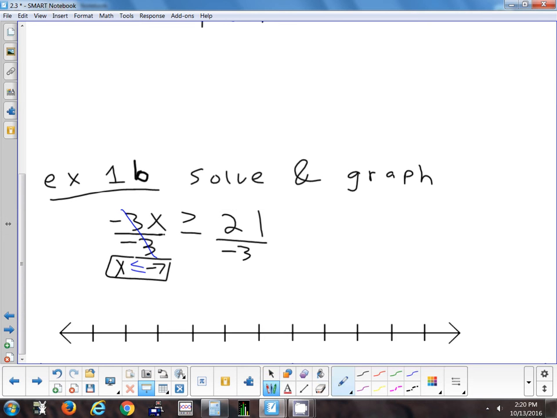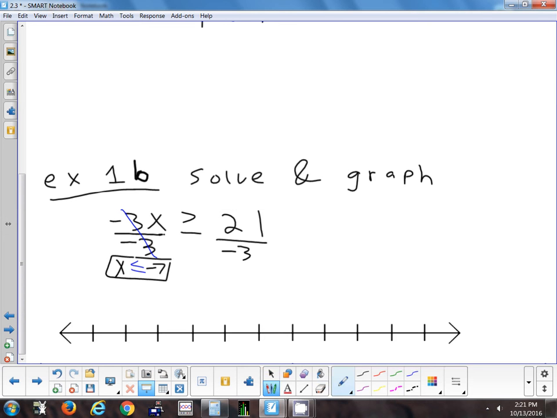It's easy to forget, because if you forget to flip it, there's no warning. There's no reminder that you should have flipped it. You just get it wrong. So you just got to remember, if you divide by a negative, flip it around.